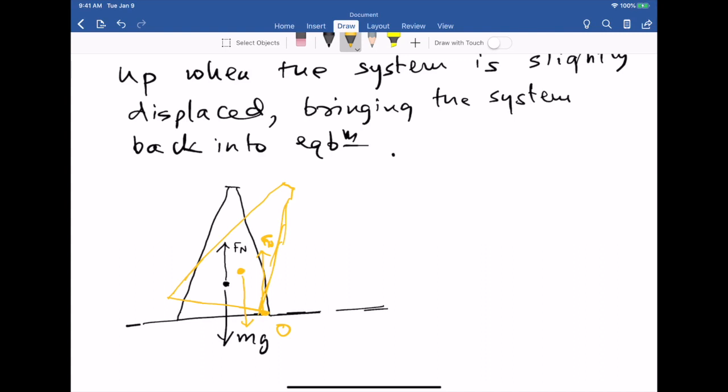If you think about it, mg is exerting a counterclockwise torque, because just by itself, the weight mg is trying to rotate the system counterclockwise about the point O. So a counterclockwise torque is just what we need in order to bring the system back to equilibrium, right? So there is a restoring torque in this case, which means that this is stable equilibrium.